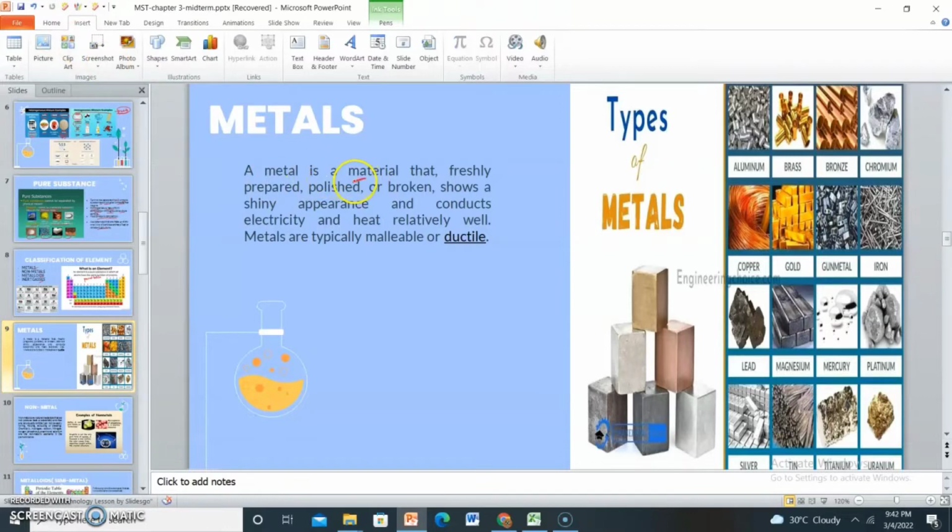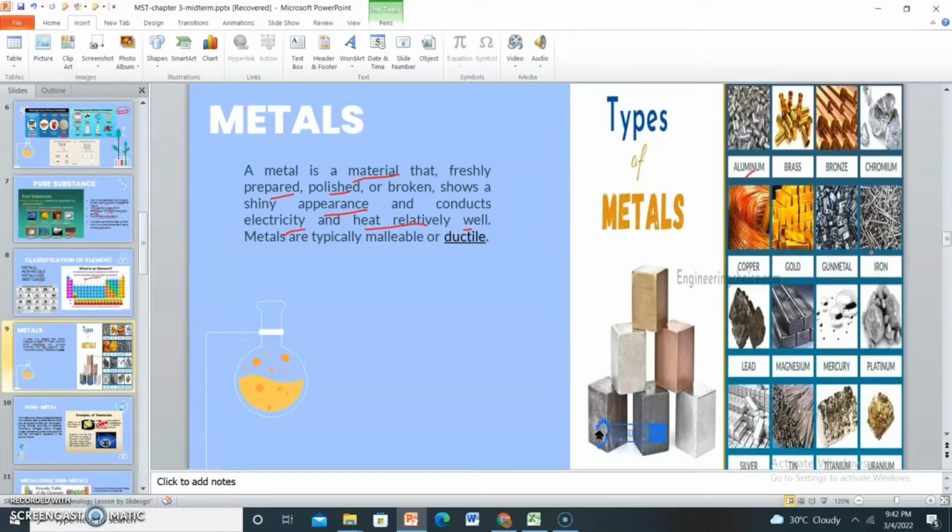In classification of elements, first is metal. Metal is a material that, freshly prepared, polished, or broken, shows a shiny appearance and conducts electricity and heat relatively well. Metals are typically malleable, or mabend siya, or ductile. Types of metal are aluminum, brass, bronze, copper, gold, gunmetal, and iron.